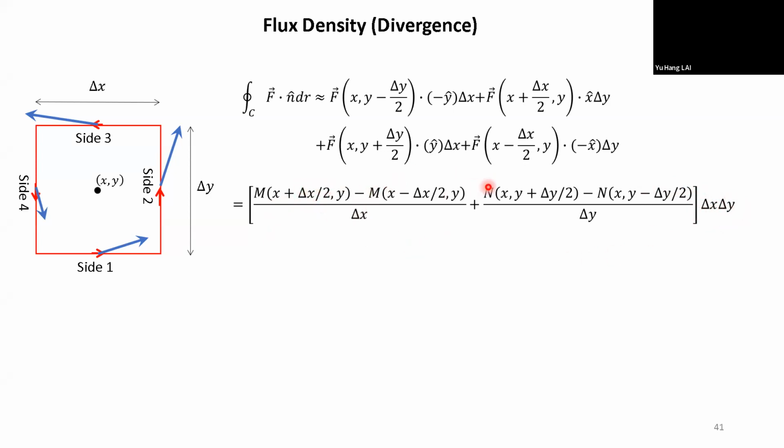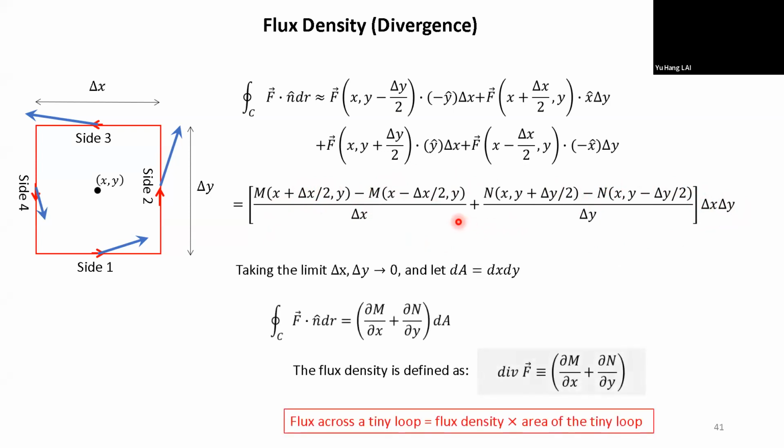Looking at this fraction and taking the limit as delta x, delta y tend to 0, this one is the partial derivative of M with respect to x, and the second one is the partial derivative of N with respect to y. So this flux integral can be written as these two partial derivatives added together, multiplied by the area of the loop.